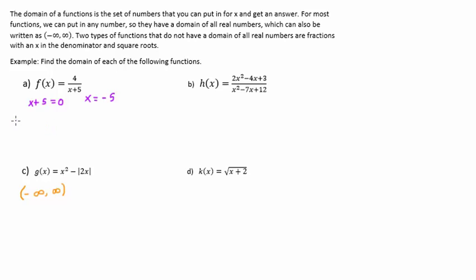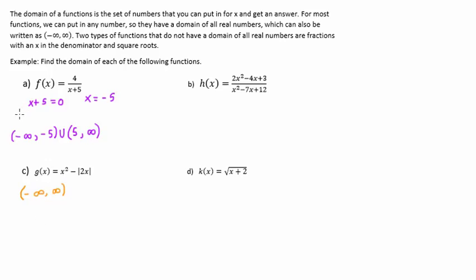If we're using interval notation to write that, we always start interval notation at negative infinity. We go to the number that we're excluding, we put a parenthesis to say it's not equal to, and then this U is for union, which means both of these sets are part of what we're talking about. We put another parenthesis with negative 5 comma positive infinity.